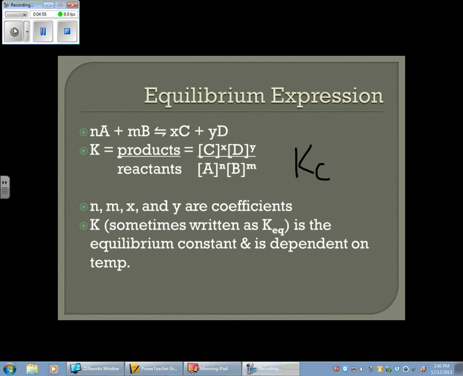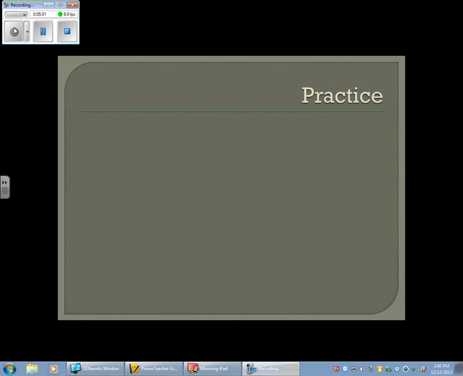So let's practice. I have this equation, the formation of hydrobromic acid, and we need to write the equilibrium expression for this one. So it is going to be K equals products over reactants raised to their coefficient power.